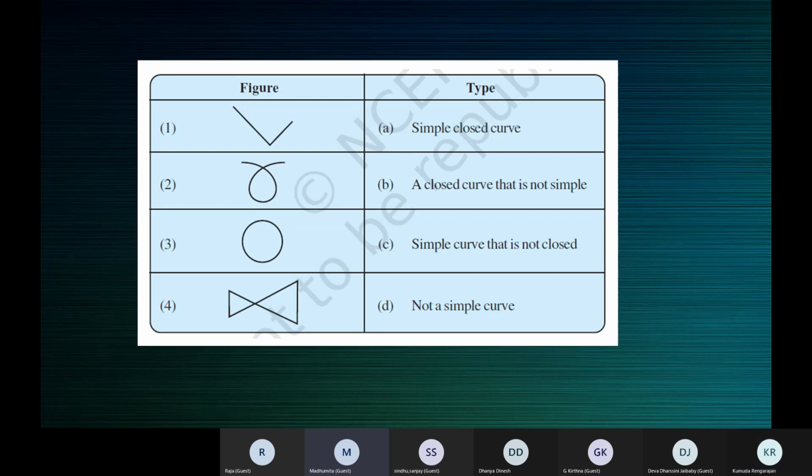All right. Okay, ready, children? So we have a simple closed curve, a closed curve that is not simple, a simple curve that is not closed, not a simple curve.